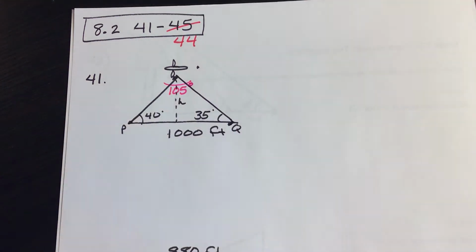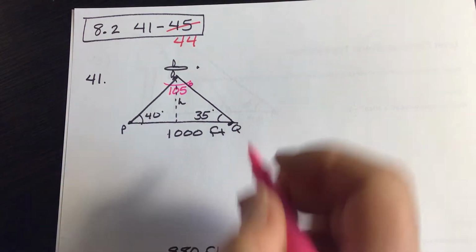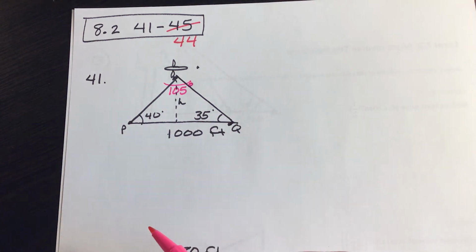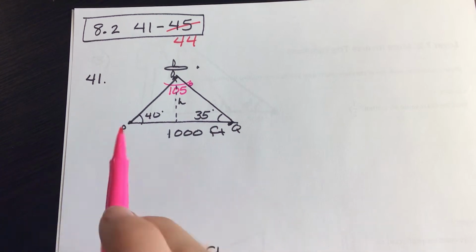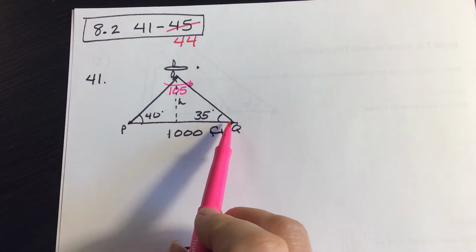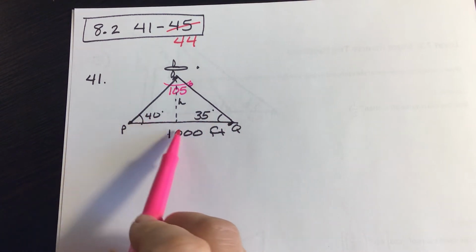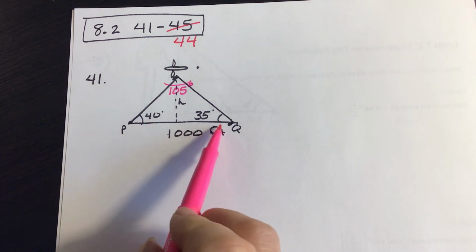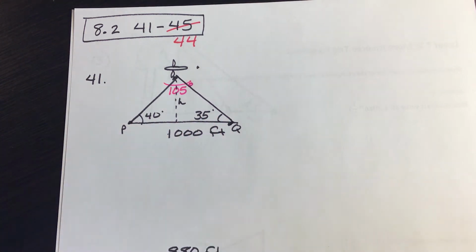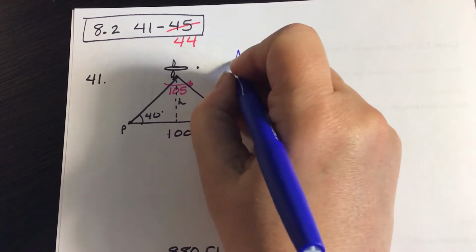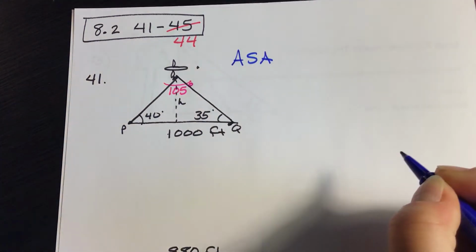Okay, so I'm just looking at the whole picture and just trying to get any information that wasn't specifically given. Now, if I look at the information that was given, I have an angle, I have a side, the length of the side, and I have another angle. So this is actually an angle, side, angle problem.